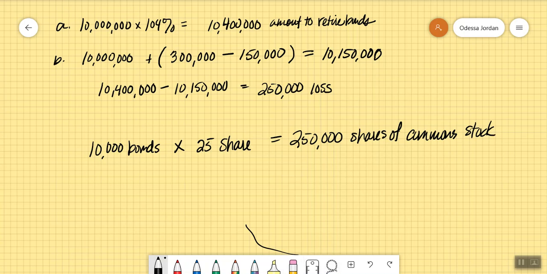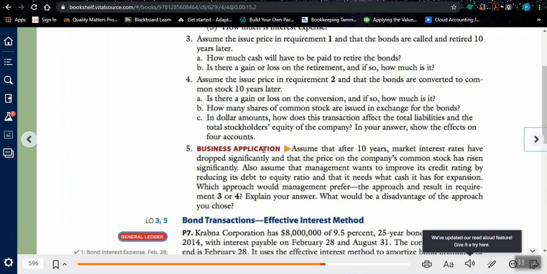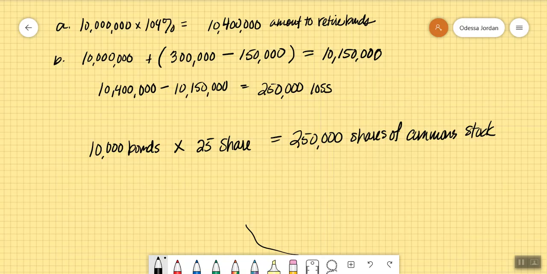So then C asks us in dollar amounts, how does this transaction affect the total liabilities and the stockholders' equity of the company? And so what we can calculate here is that bonds payable and its unamortized discount will be reduced in the liabilities section of the accounting equation.